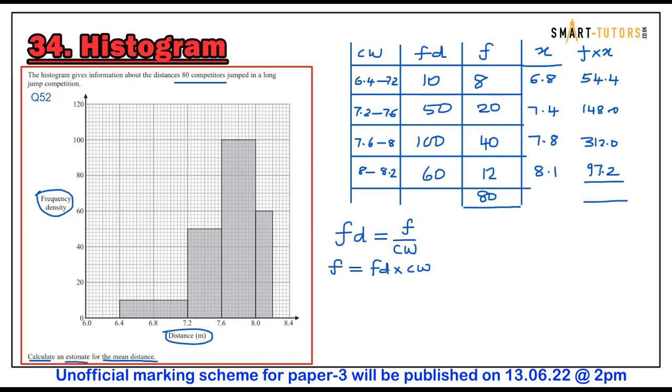So we can add them up: 312 plus 148 plus 54.4 plus 97.2, and the total is 611.6. The estimated mean is total Fx divided by total F. That means 611.6 over 80.